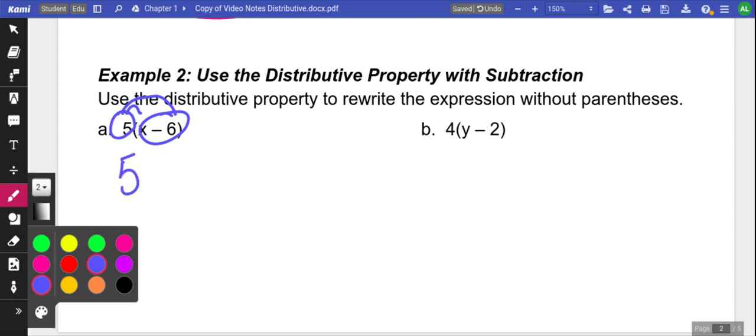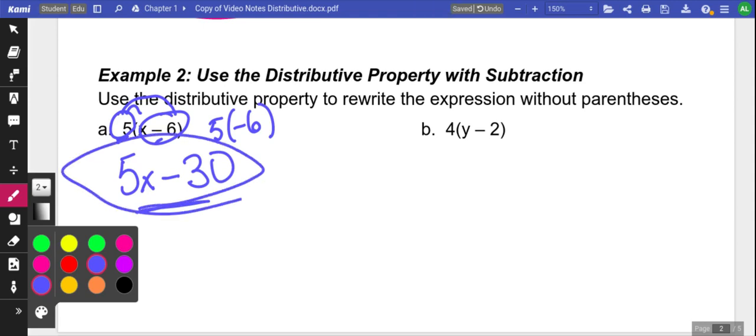So 5 times X is going to give us 5X, and then our 5 times negative 6, well, that's going to give us negative 30. So don't trip yourselves up. Don't think just because there's a negative here, there's going to be a negative in your answer. Think about what if there's a negative on the outside of your parentheses. Think of it like 5 times negative 6. We end up with that negative 30. So 5X minus 30.